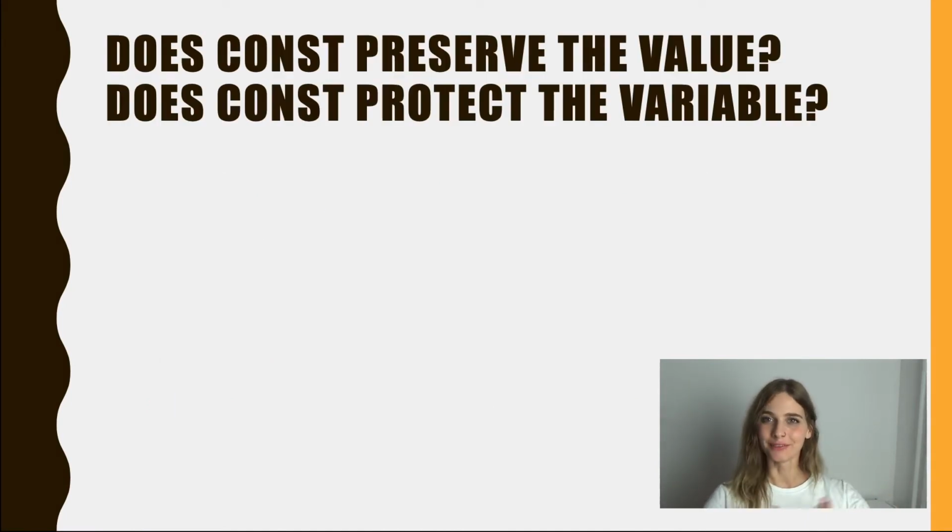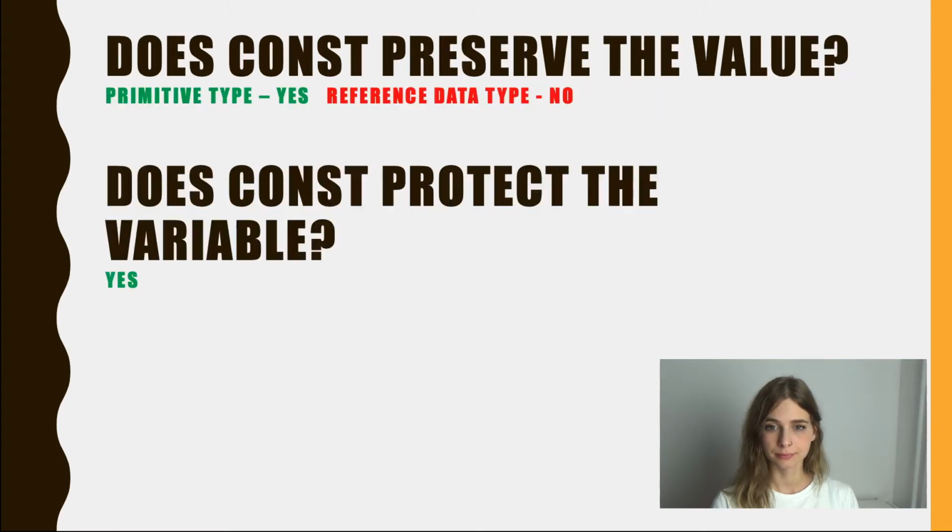Now the interesting part: does const preserve the value? Does const protect the variable? So what do I actually mean with those two questions? Does const preserve the value since it's so constant and it doesn't change?